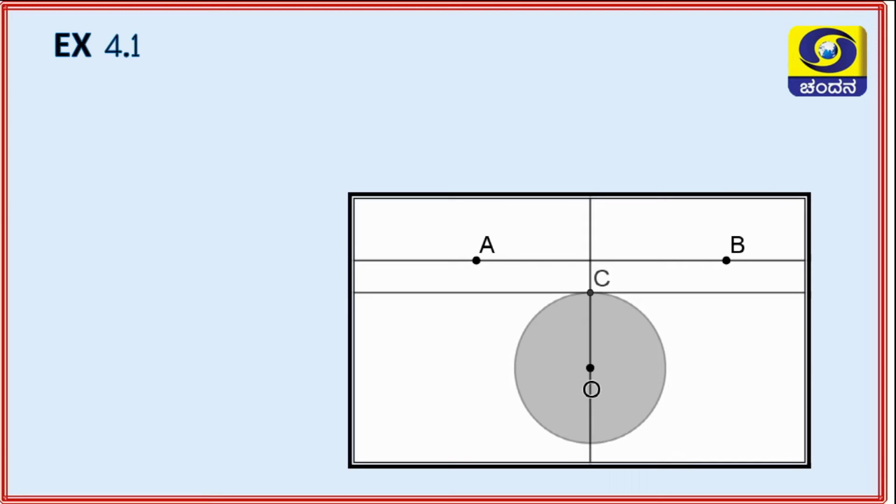Now, at point C, we are drawing a parallel line to AB which is a tangent to the circle O. Now, we are drawing one more parallel line through E and D. That line intersects the circle O at E and D. That is the secant to the circle. We have answered question 4.